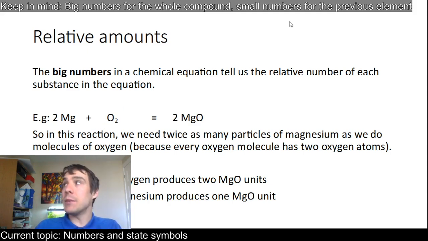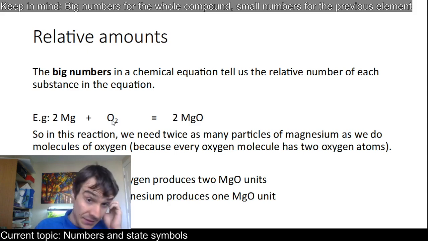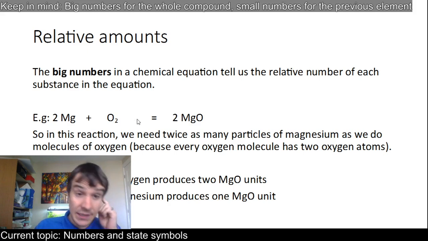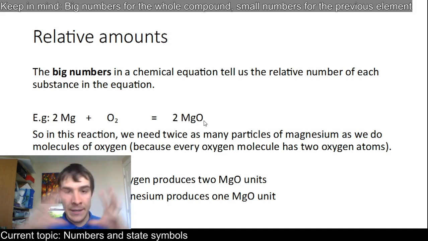Meanwhile, the small number is for the element, so the 2 here means we have 2 oxygens. This might not seem like a big difference right now, but it is important when we have something like 2MgO. 2MgO means we have 2 magnesiums and 2 oxygens. You can imagine it's like a pack, 2 packs of MgO.